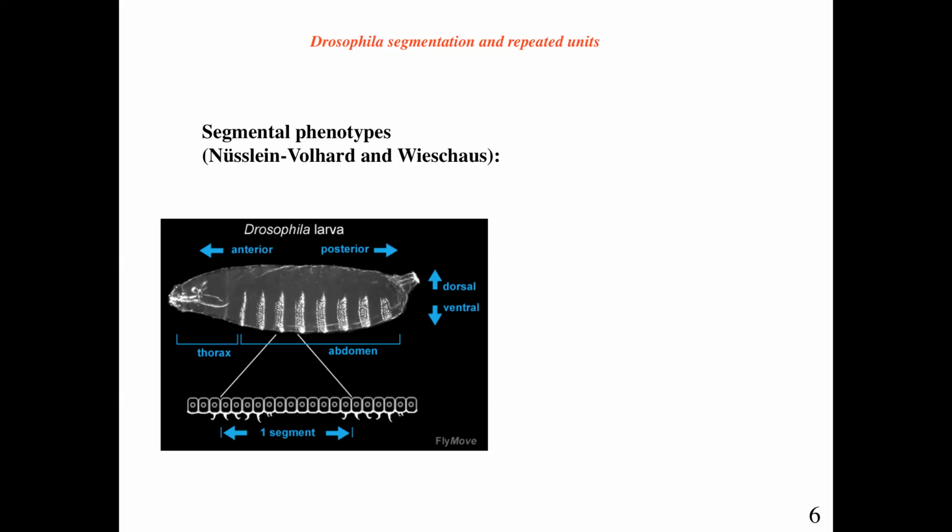And essentially then the consequence of that one hit, one mutant gene, if there was any effect on this patterning, is what was scored.